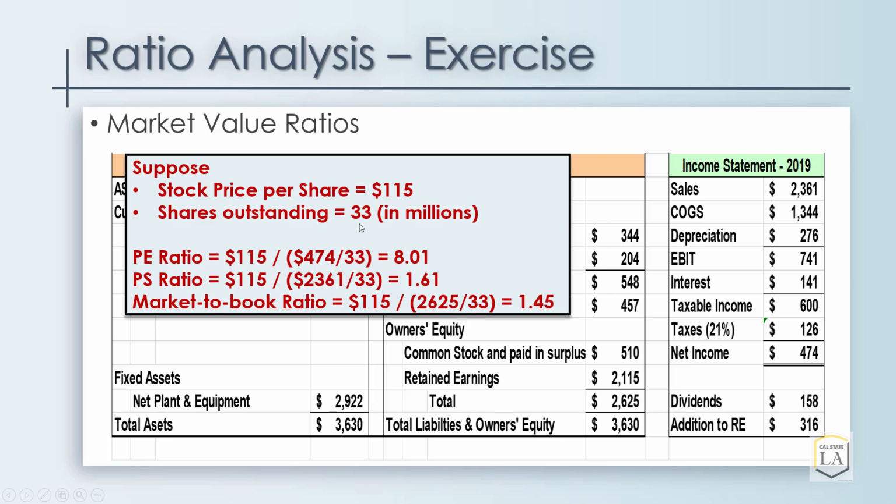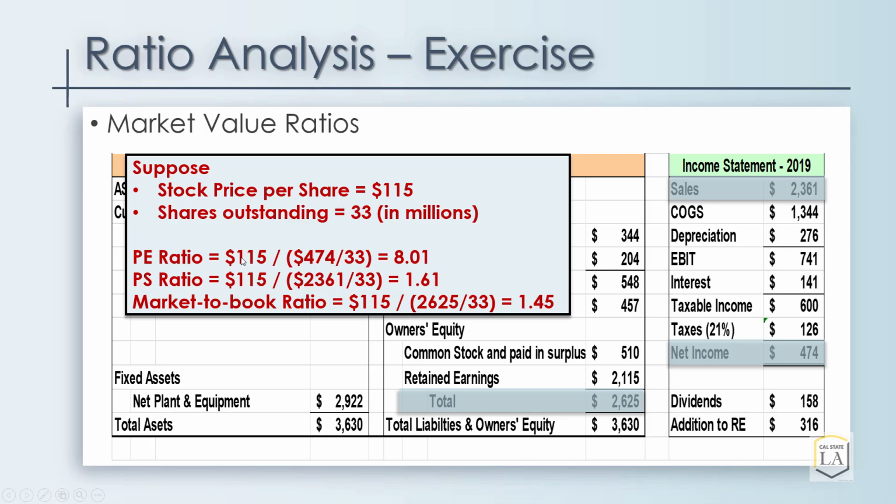All you would need to replace for each different ratio would be the numerator of the denominator. PE ratio will take net income, price to sales ratio would take sales, and finally, for the market to book ratio, you will take total equity.